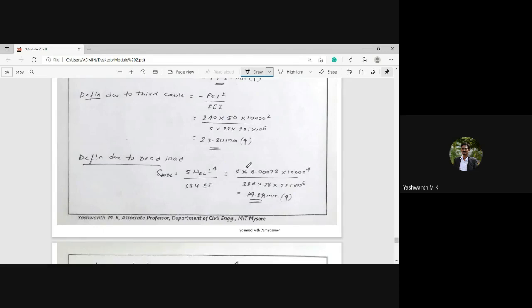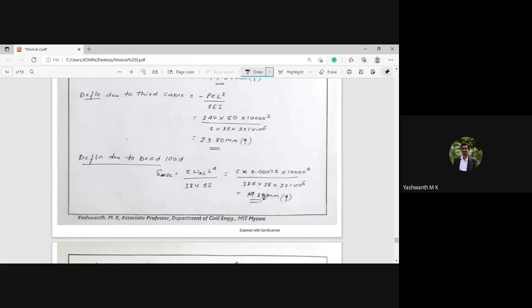Let us substitute 5 into 0.00072 kilonewton per millimeter. Please note down 0.00072 kilonewton per millimeter into 10,000 to the power of 4 divided by 384 into, since I have substituted WDL in kilonewton per millimeter, EC also in kilonewton per millimeter square, that is 28 into 225 to the power of 6.